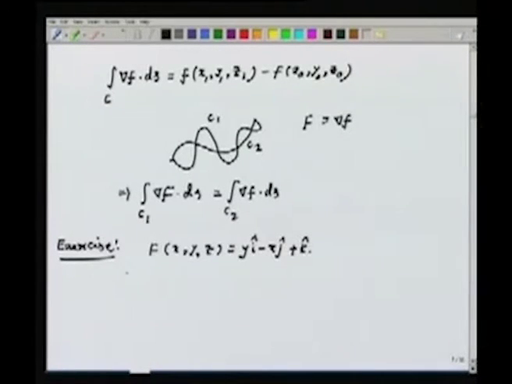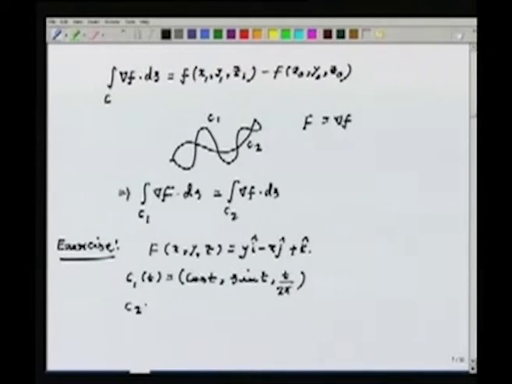And let us take these curves. First one is C1 of t, which I define as cosine t, sine t, t by 2 pi, where 0 is less than or equal to t, less than or equal to 2 pi.